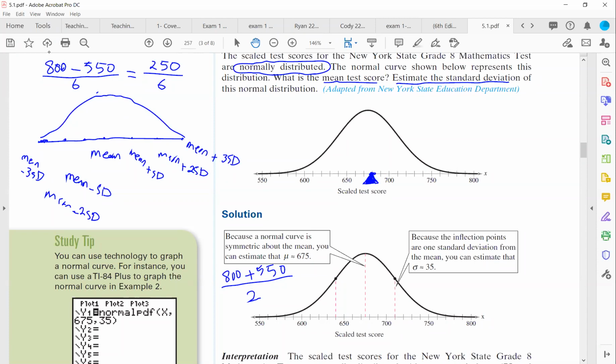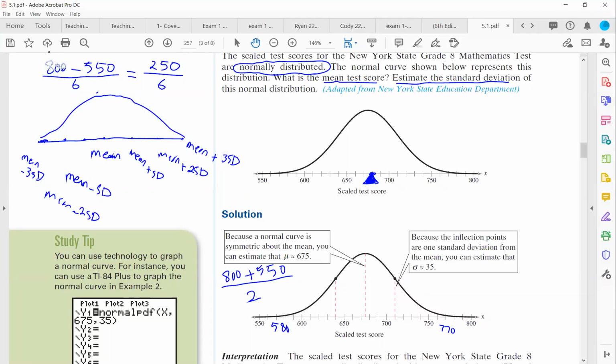You can say that, instead of working with 800, I can work with 770 and 580.